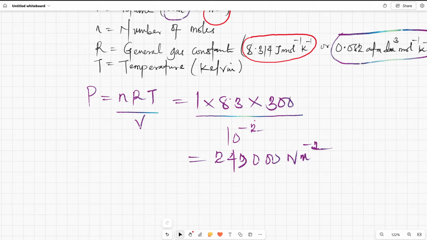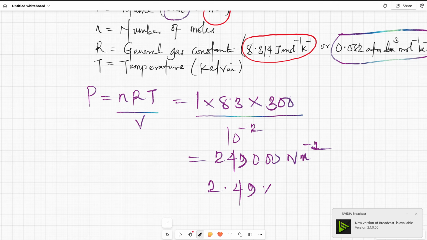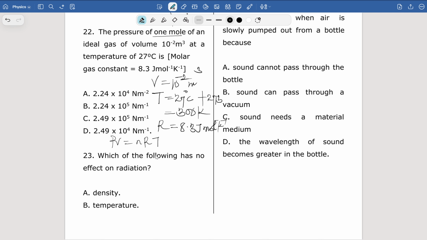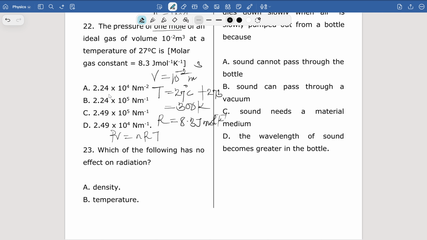In standard form, you have 2.49 times 10 raised to power 5 Newton per meter square, which is approximately 2.5 times 10 power 5. But when you look at the units in the options, that might be a mistake.